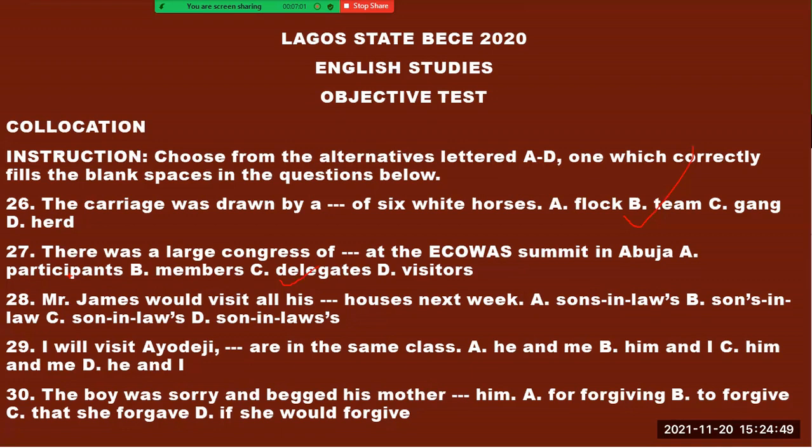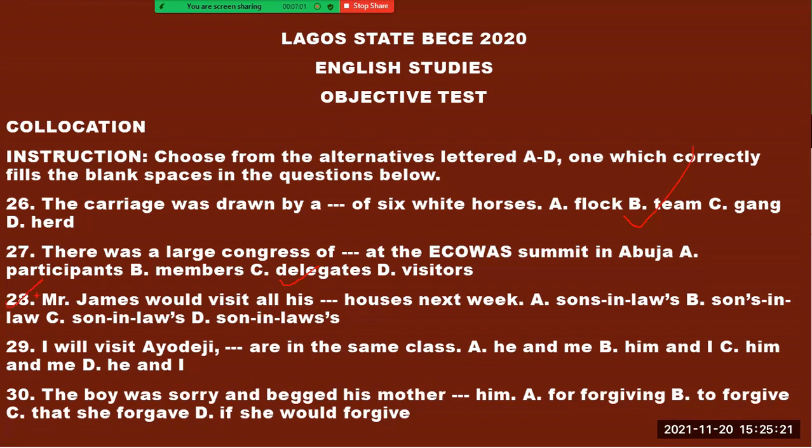Maybe members of a particular, let's say when you talk of an organization or an association holding a meeting, then you talk about members, all right? Then you talk of visitors in other situations. But when you are talking about a summit, the appropriate word is delegates.